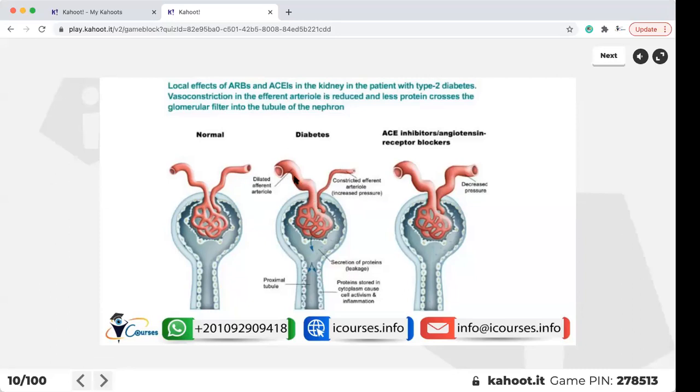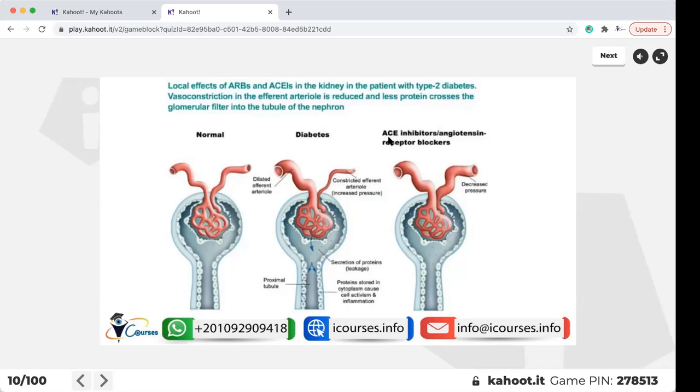This will lead to back pressure in the afferent arteriole, causing dilatation of the afferent arteriole. And this will result in stagnation of the plasma present here in the glomerulus with leakage of proteins, causing proteinuria and nephropathy. So this kidney is now losing protein. This is what happens in diabetes. So this is the diabetic nephropathy.